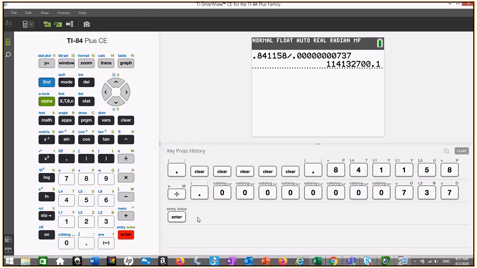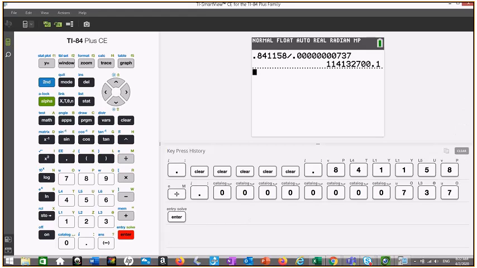Let's see, 007, then 231, and then 114,132,710 cents. And I have no earthly idea what that even is.